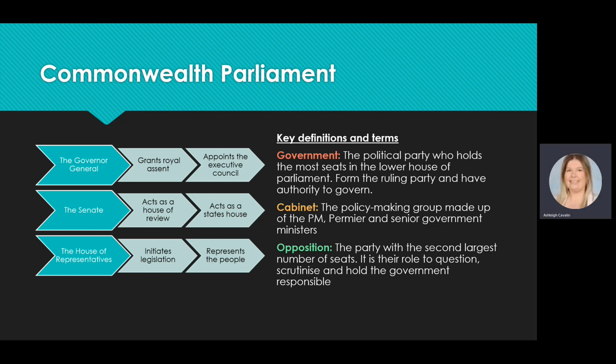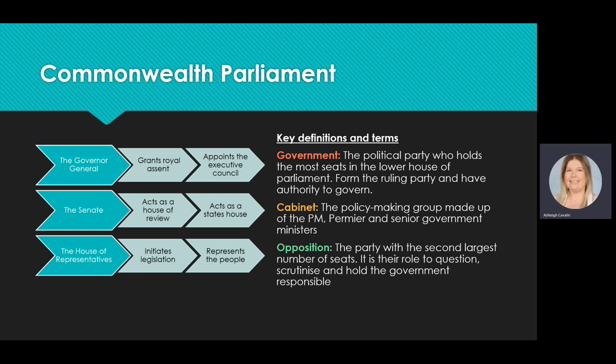It is also part of their role to appoint the Executive Council. You should be able to outline in detail each of those points. I strongly suggest going back through your textbook and being able to elaborate on each of those points.